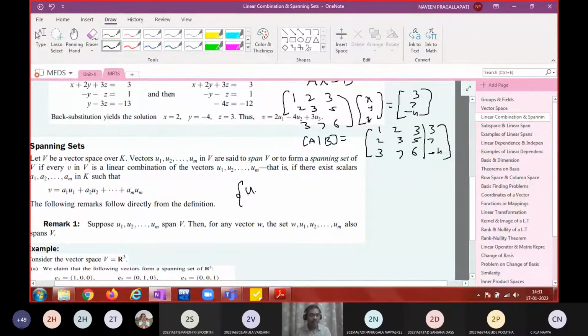That means alpha 1 u1 plus alpha 2 u2 plus and so on plus alpha m un. So what are alpha 1, alpha 2? Alpha 1, alpha 2, and alpha m are elements of where? From where am I selecting these alpha 1, alpha 2?